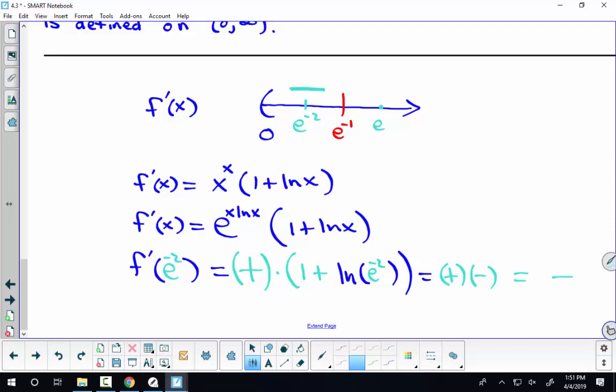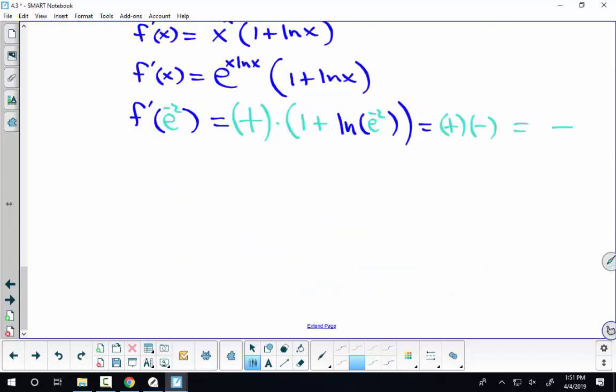How about the first derivative evaluated at e? Is it positive? Positive. Again, e to the x ln of x, that factor is always positive. And then we have 1 plus ln of e, which is 1, so that's just 1 plus 1.